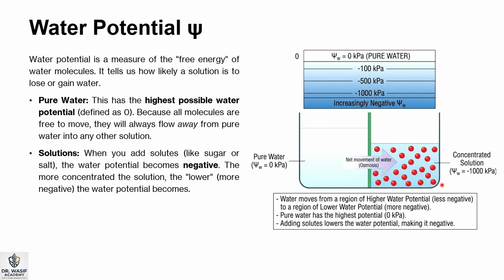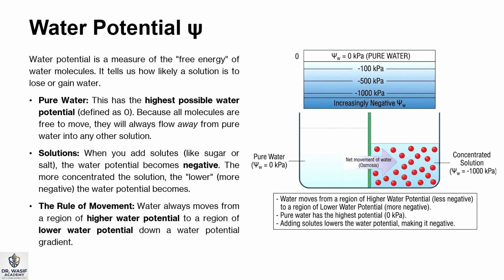So the water potential will go down, that will be negative. The more concentrated a solution gets, the lower or more negative the water potential becomes. A very salty solution might have a water potential of -1000.